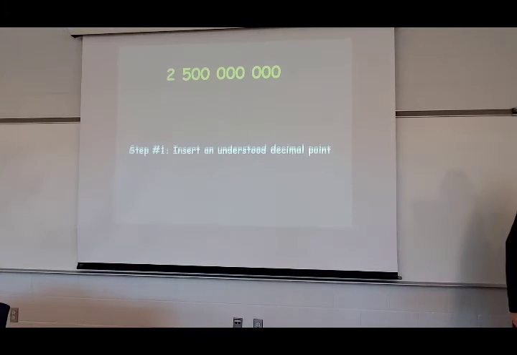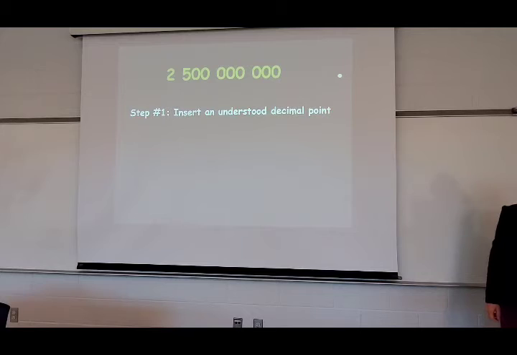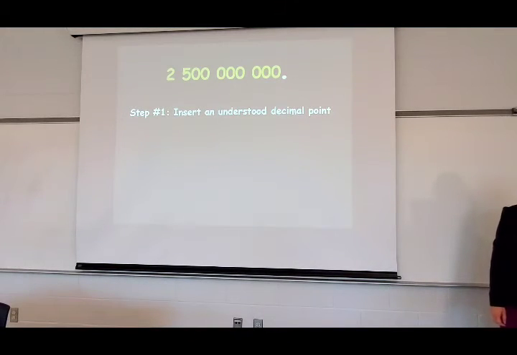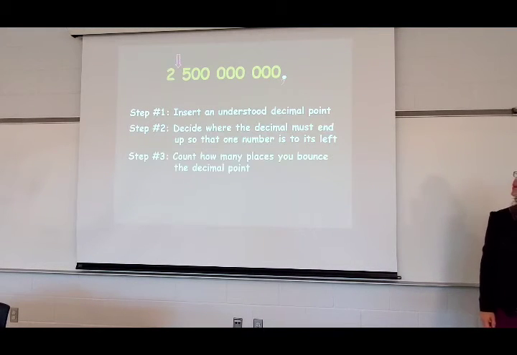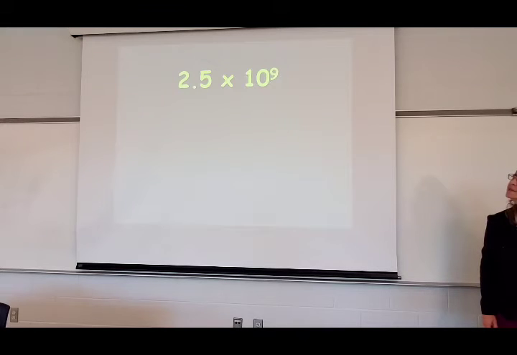So the first step is to insert an understood decimal point. Then count all the spaces and then write it in the form that I gave you before, which is m times 10 to the n. And there you go.